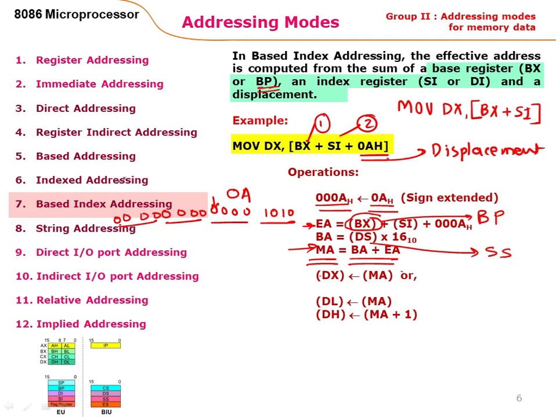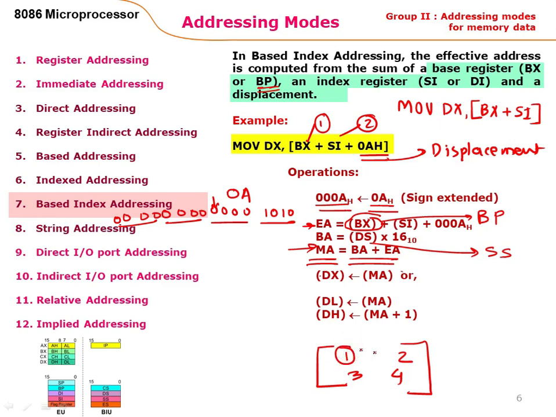We already have based addressing and index addressing separately. So why do we require based index addressing, which has two indices? Suppose we are operating on a two-dimensional array.